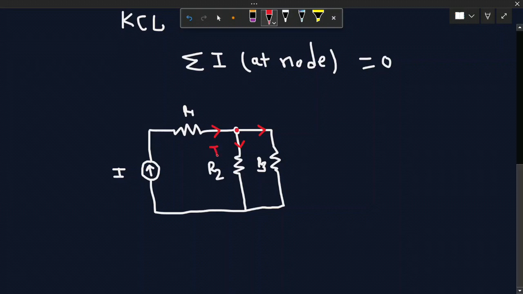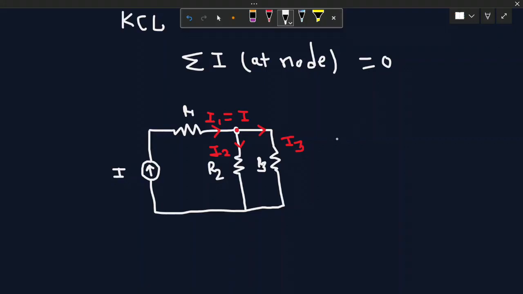So I name this current I2 and this is I3. If I consider this is I1, which is equal to I. So how can we calculate? This current will flow through this resistance, will be coming towards the branch, that is I1, and will flow towards R2 and R3. So this is I2 and I3.